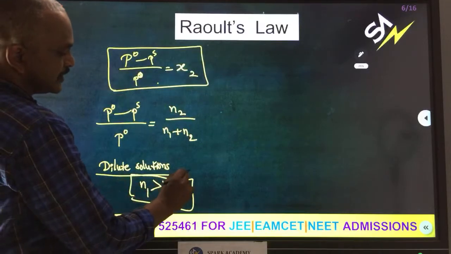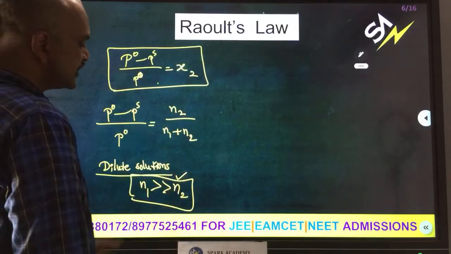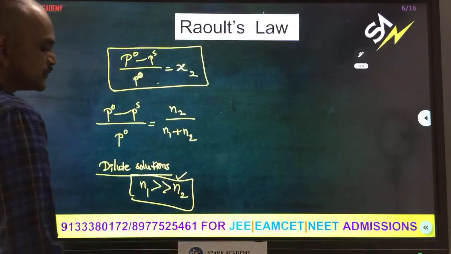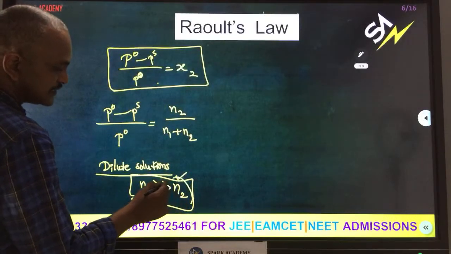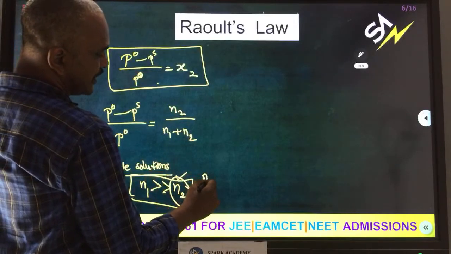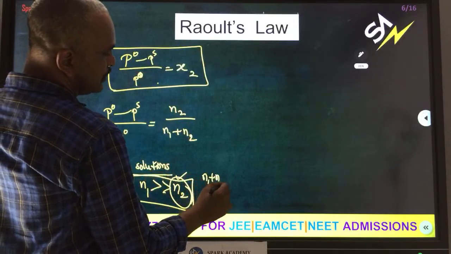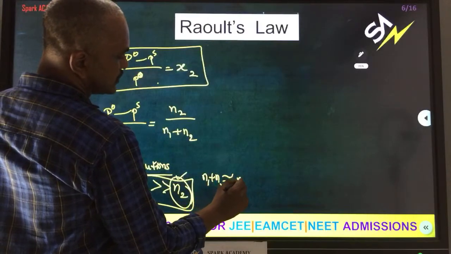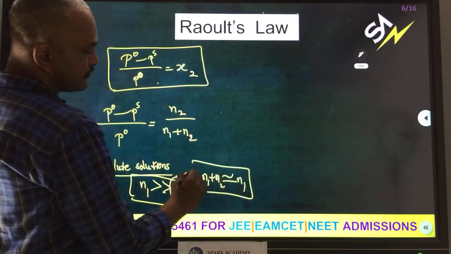N2 value is very less. Understood? That's why, in one word, it is negligible compared to N1. That's why in the place of N1 plus N2, it is almost equal to N1.